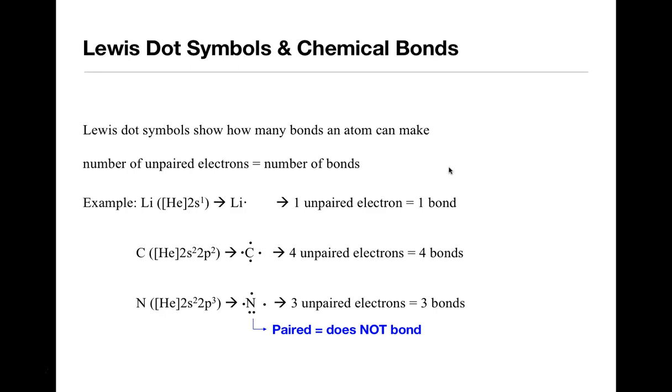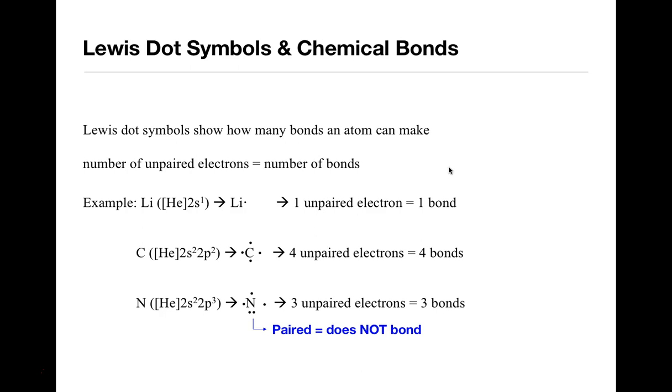This is more of a guideline than a rule, but for the first 15 elements, up to phosphorus, the Lewis dot structure does a good job of predicting the number of bonds a particular element can make. After phosphorus, the rules begin to bend and eventually break. We'll discuss this in future lectures, but for now, let's look at how Lewis symbols can predict the number of bonds of a particular atom.